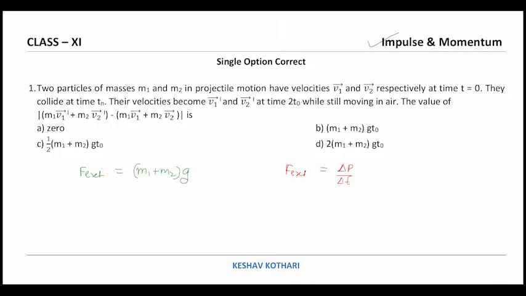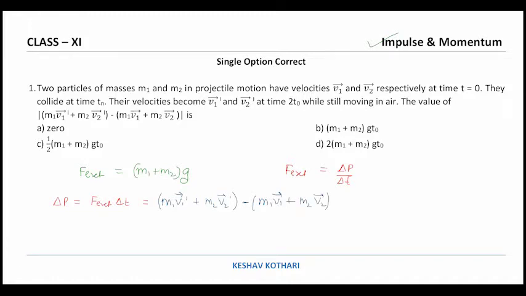So over here I can say that the change in momentum can be written as F external multiplied by the time taken. So if we look at the equation, we are writing it in terms of m1 v1 dash plus m2 v2 dash, that is the final momentum, minus the initial momentum, that is m1 v1 vector plus m2 v2 vector.